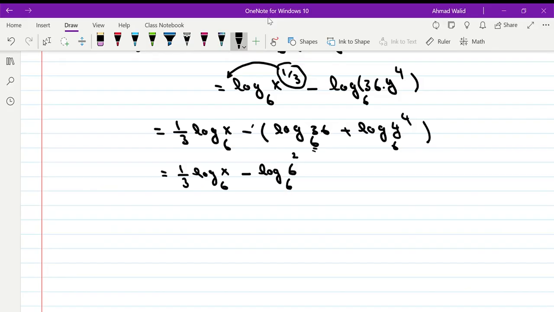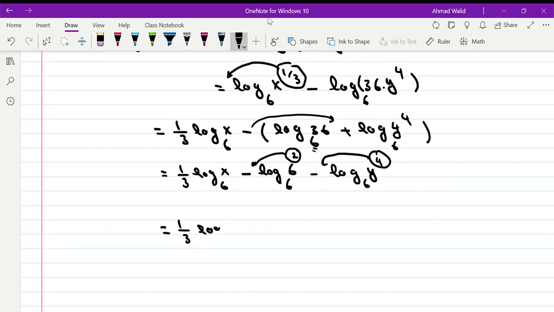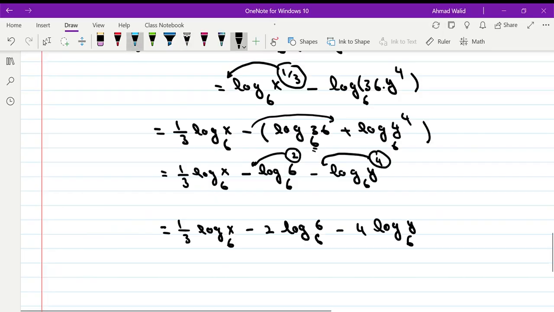And distribute the negative also here, minus log of y to the power of 4 base 6. Now, again, bring the exponents to the front of log and simplify. Then 1/3 log of x base 6 minus 2 log of 6 base 6 minus 4 log of y base 6.